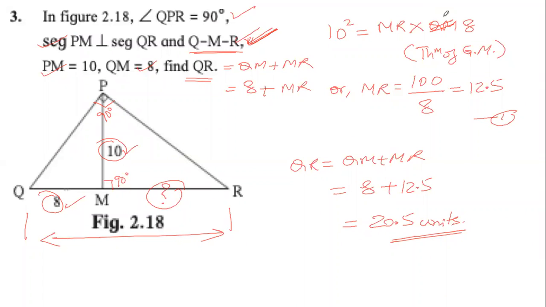In this case, the altitude is PM. It is given as 10. So 10 square equals the 2 parts of the hypotenuse, that is MR and QM. We know the length of QM, which is 8. Using that, we find the length of MR, which is 12.5. And when we add it to the length of QM, which is given as 8, we get the answer as 20.5 units as the length of QR.